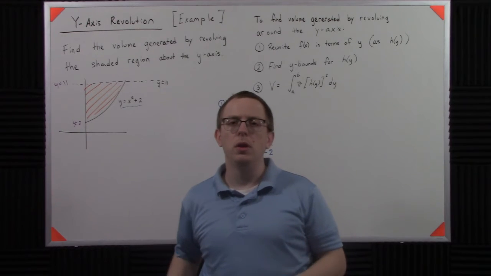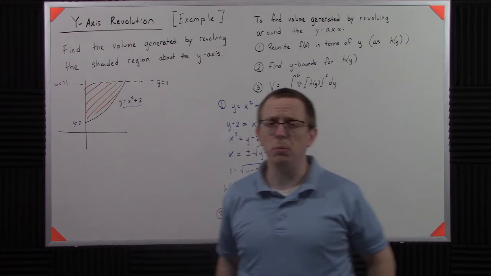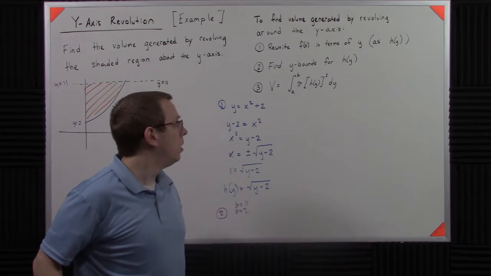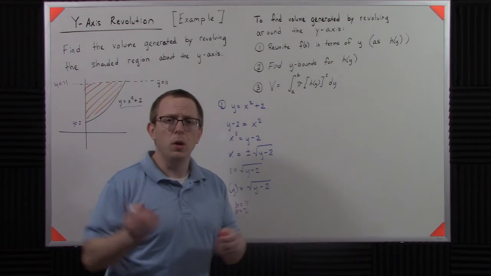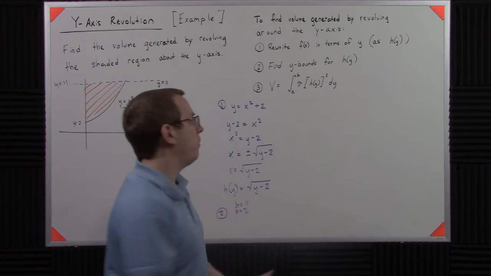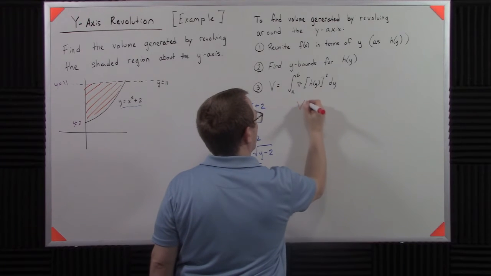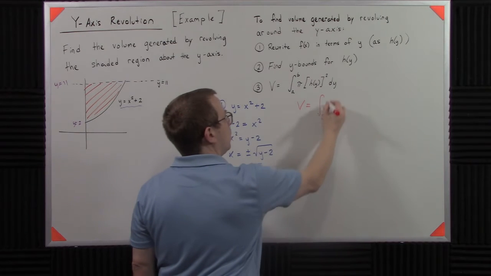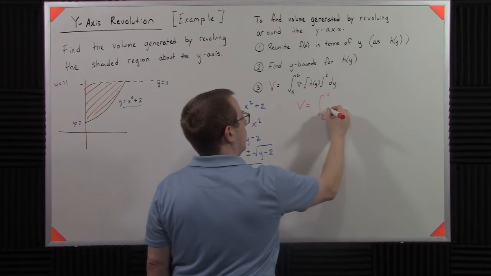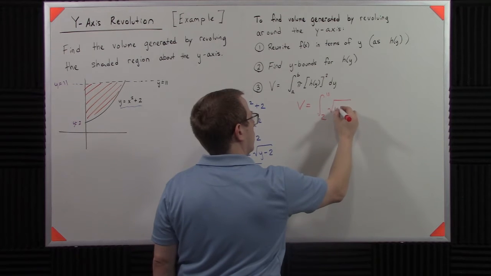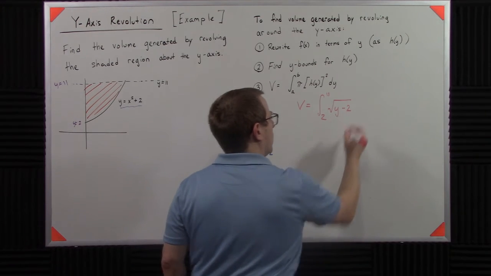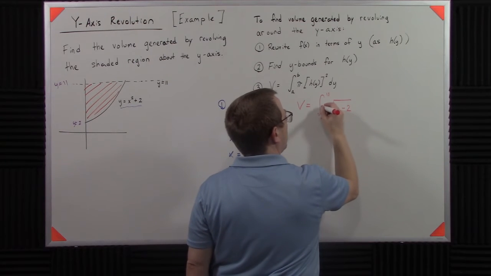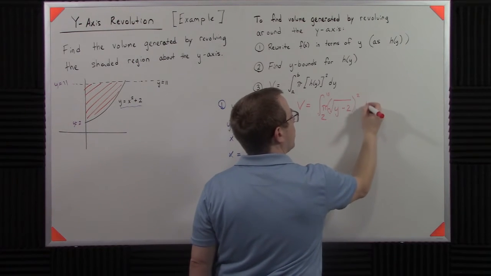Now we need to finish this off with the third piece, putting it all together. Let me get a different marker here. Hopefully my red is bright enough for you. We'll see. My volume is the integral from a to b, so 2 to 11, of pi times the square root of y minus 2, squared, dy.